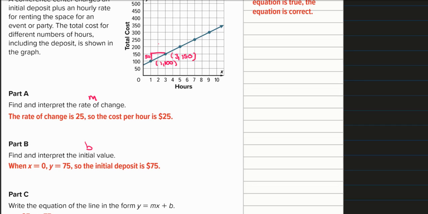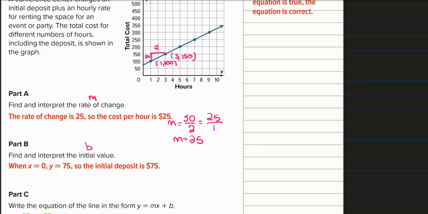And so that tells us that we're going over by 2. And so we're going to have our change in y, which is 50, over 2, which simplifies to 25 over 1. So our m equals a simplified number of 25.